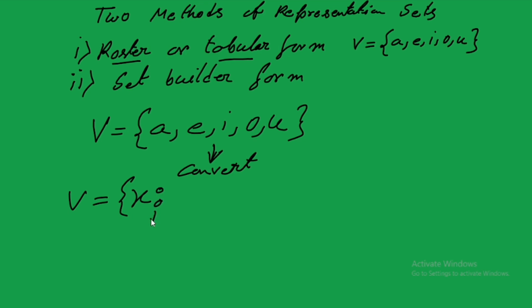The colon represents such that: x such that x is a vowel of the English alphabet.